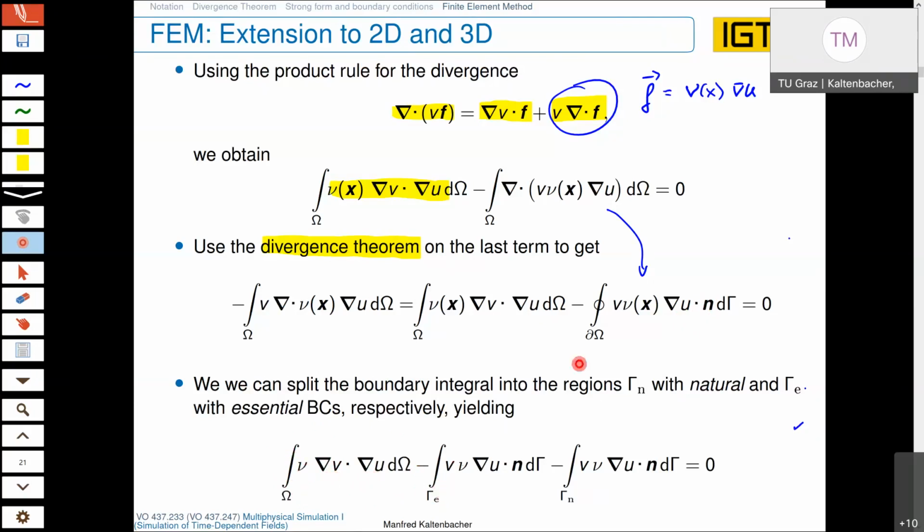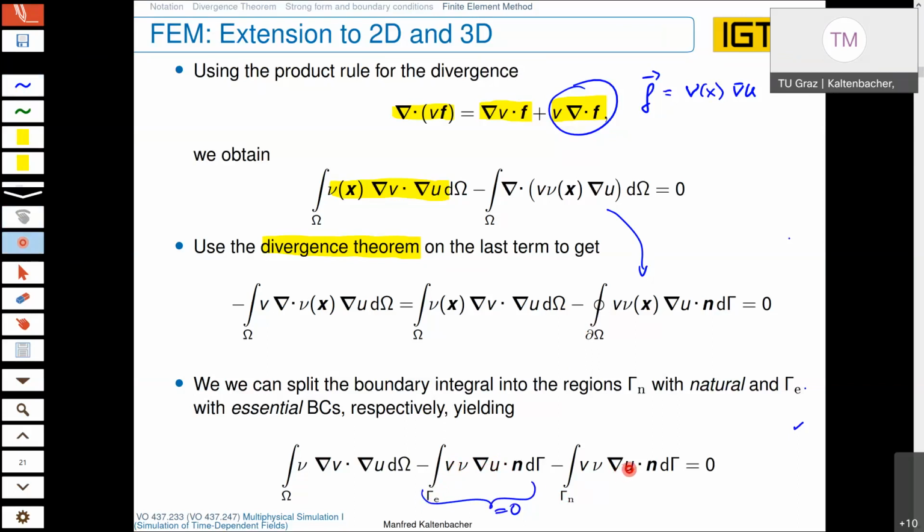Then we have our closed surface integral, which we split into the part of the surface where we have the essential or Dirichlet boundary, and where we have the Neumann or natural boundary. Well, this term is zero. Why? Yes, exactly, because we have chosen a test function which is zero at a boundary where we already know the unknown u, the Dirichlet boundary.